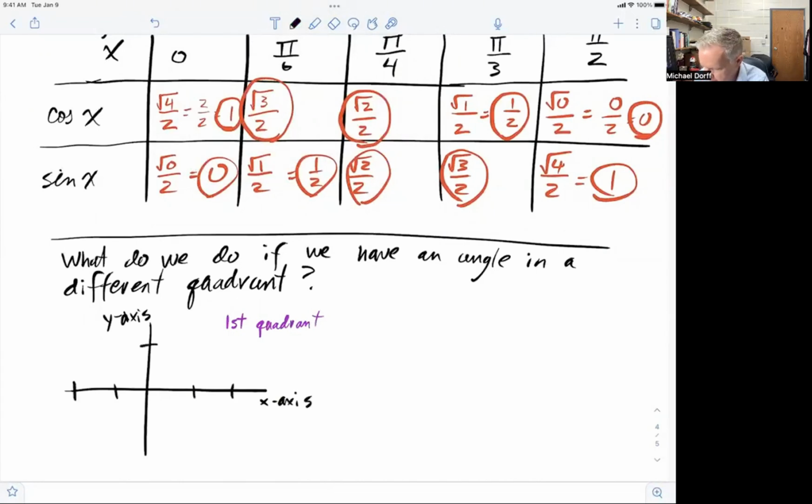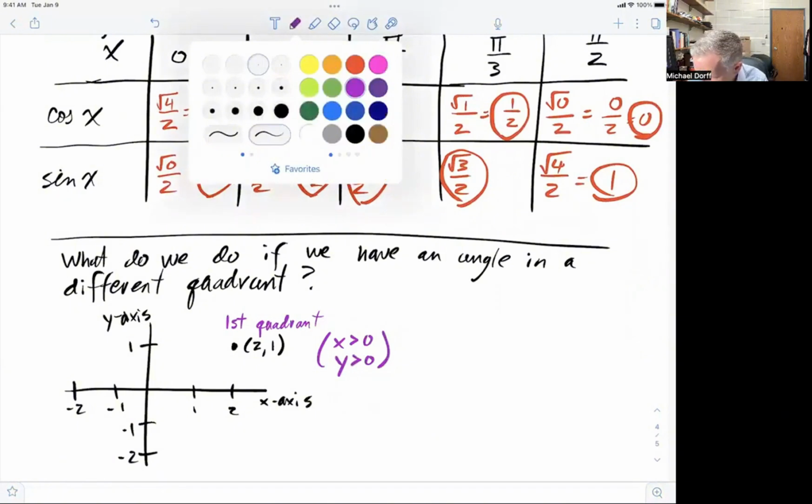If I just put some markers here, this is 1, 2, this is -1, -2. If I were to take a point like this one, that would be the value 2, 1. Notice here that what's always true in the first quadrant is that x is greater than 0 and y is greater than 0, right? The point 2, 1, I don't have any negatives.